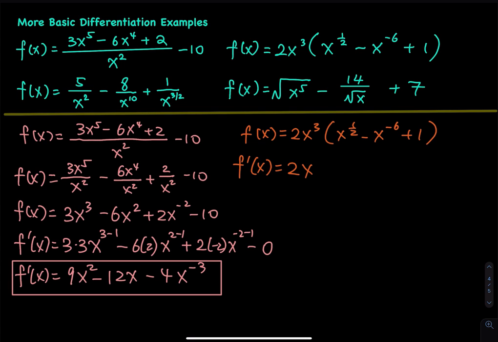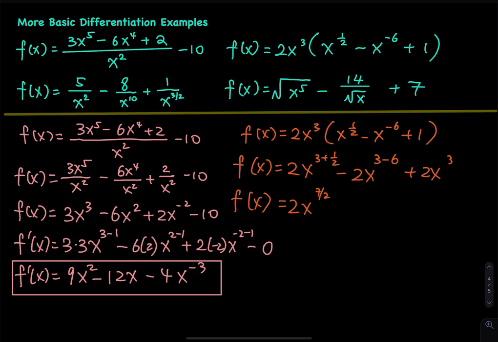So that is 3 plus 1/2. And then minus 2x to the 3 minus 6, and then plus 2x to the third power. Oh, this is not the f prime, right? We are still simplifying the function. 6 plus 1 is 7. And then this is negative 3, and then plus 2x to the third.